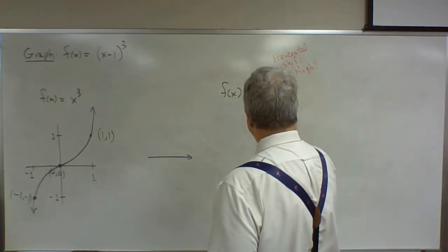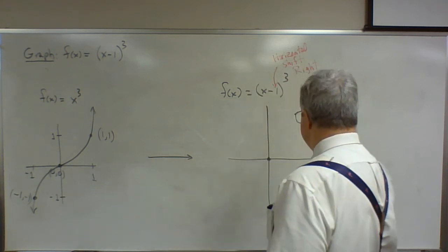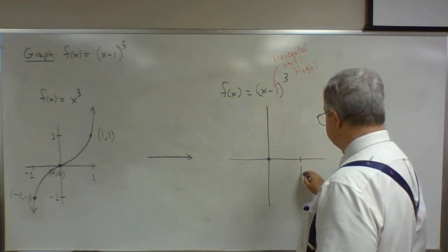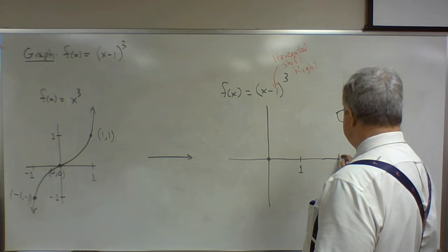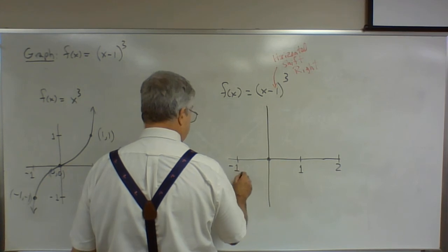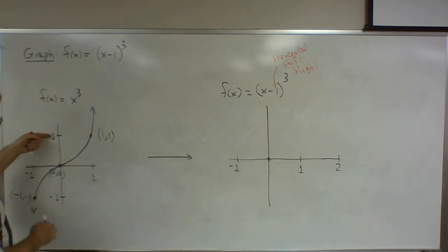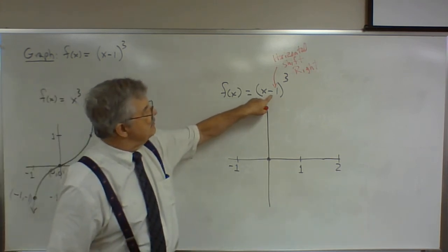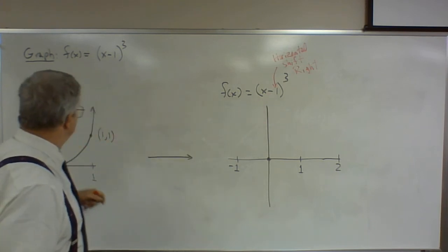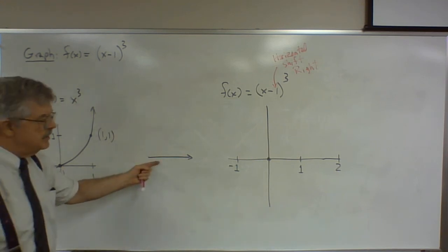So here's the x and y axis. Here's x equal 1. Here's x equal 2. Here's x equal negative 1. And this is a horizontal alteration only, so it shouldn't change the vertical aspects of the graph. This point is going to be moved 1 unit to the right.